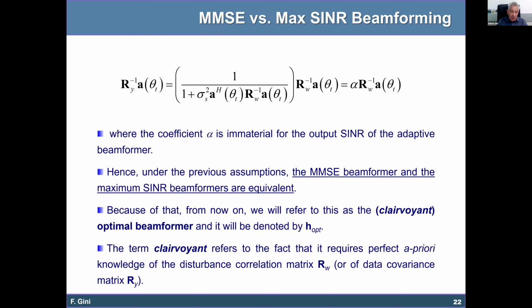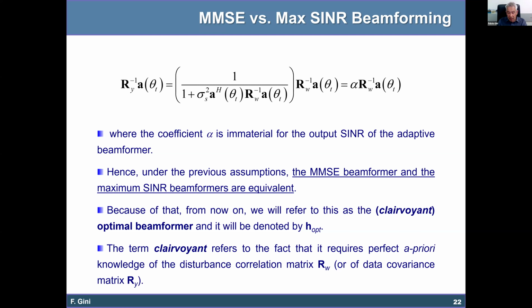And this is the optimal beamformer for both criteria: minimization of the mean square error and maximization of the signal to noise ratio. So this is a clairvoyant optimal beamformer.